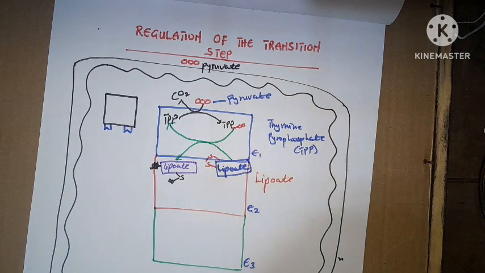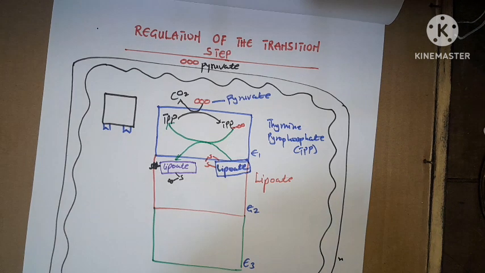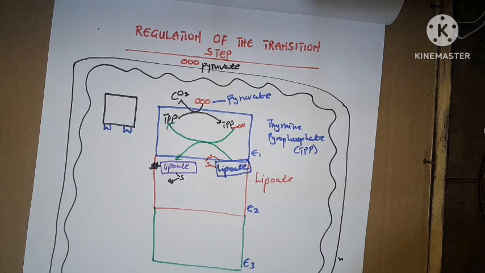So we form a lipase with a thiol and also acetyl-CoA attached. And this enzyme known as lipase also has another special component, which is the acetyl-CoA attached to it.